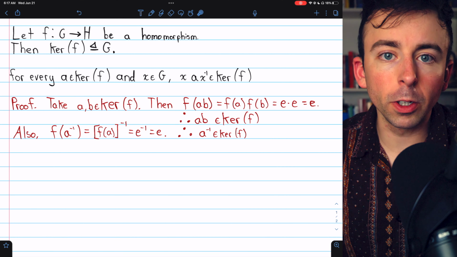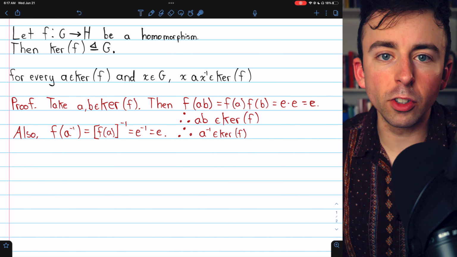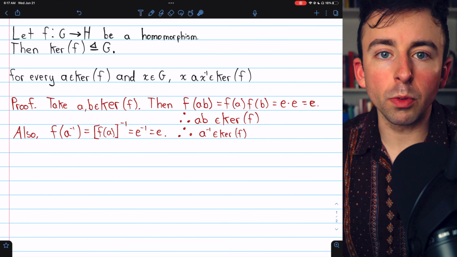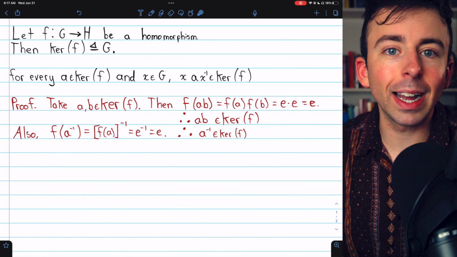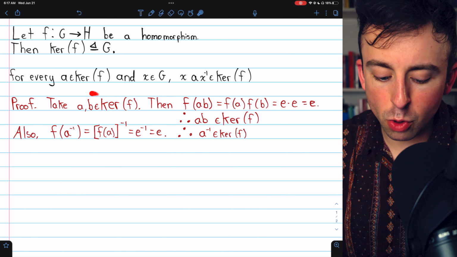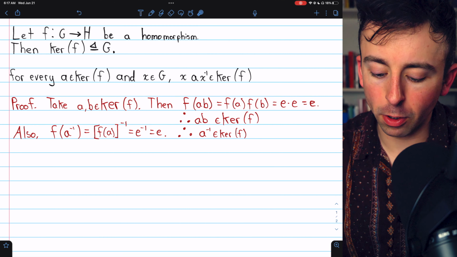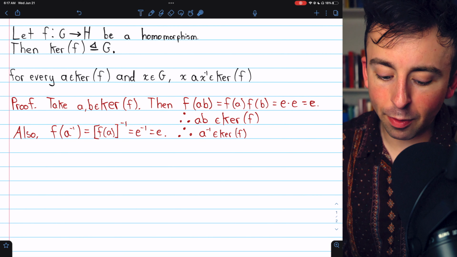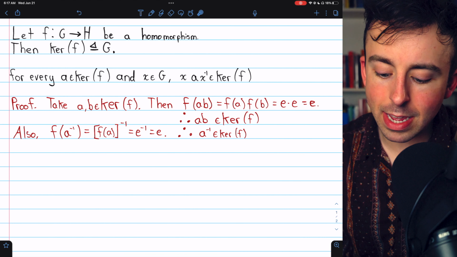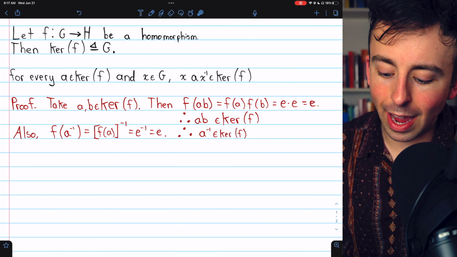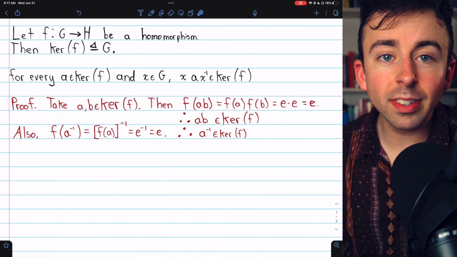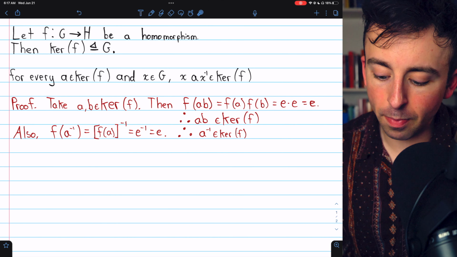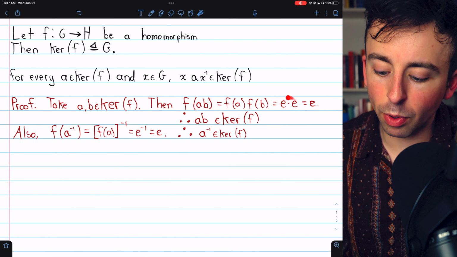To prove that the kernel of F is a subgroup of G, we'll show that it's closed with respect to products and with respect to inverses. So we take two elements, A and B, from the kernel of F. Then, since F is a homomorphism, F of the product AB is equal to F of A times F of B. But since A and B come from the kernel, F of A and F of B both equal the identity.